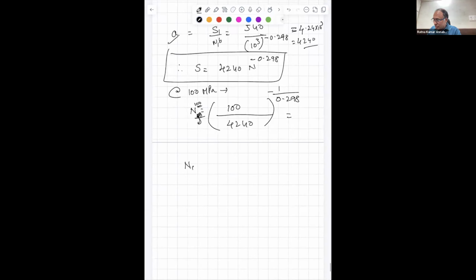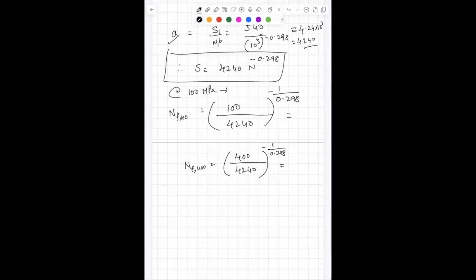Similarly, number of cycles to failure at 400 MPa. That means 400 by 4240 whole to the power minus 1 by 0.298. It is 2.9 into 10 power 5 for 400 MPa.